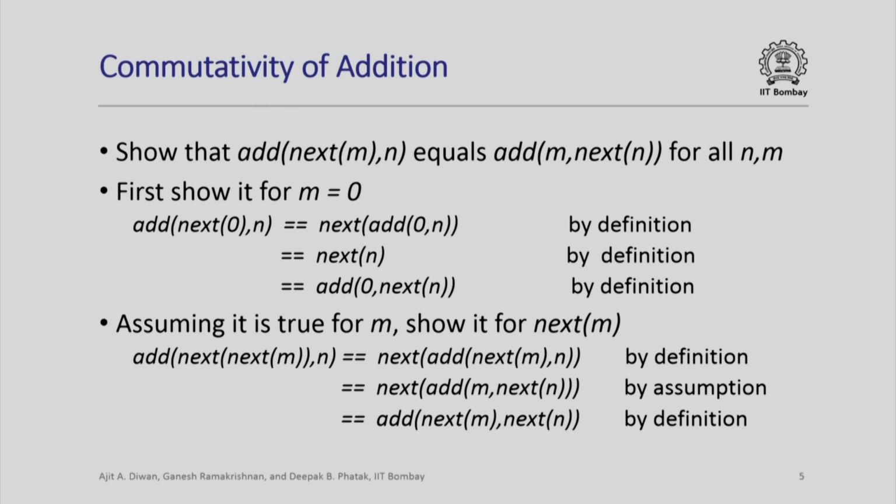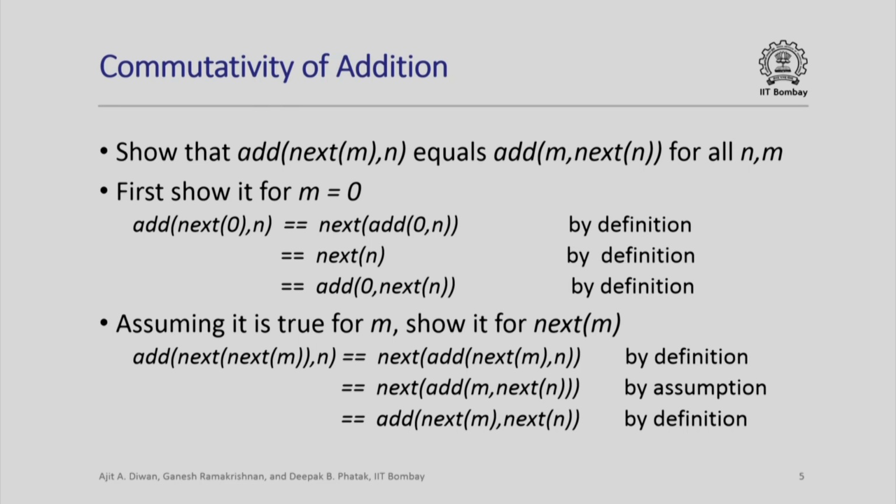So, we have shown that add of next 0 comma n is add of 0 comma next n, and now assuming it is true for m, we will show it for next of m. That is add of next of m comma n, which by definition is next of add of m comma n.